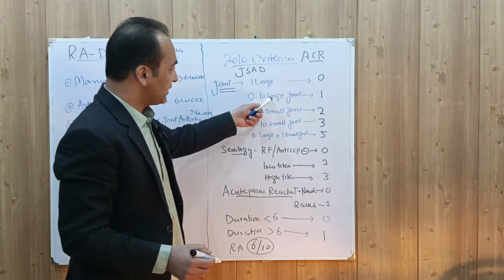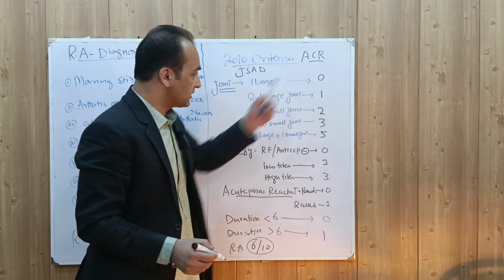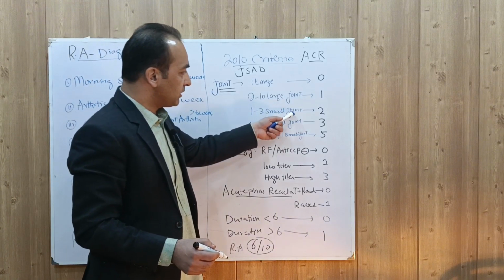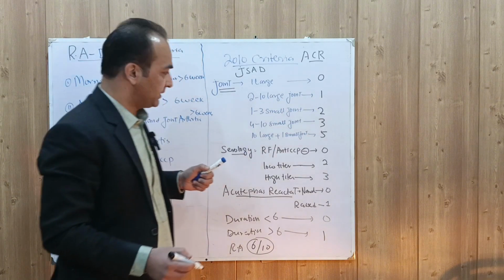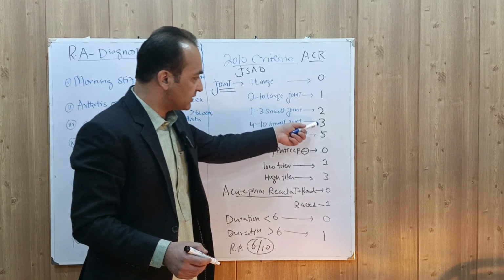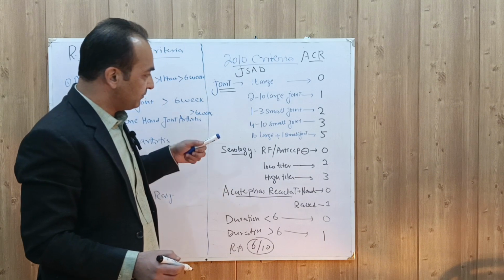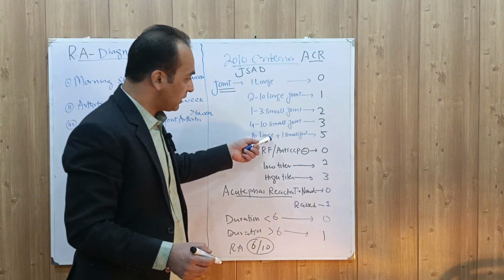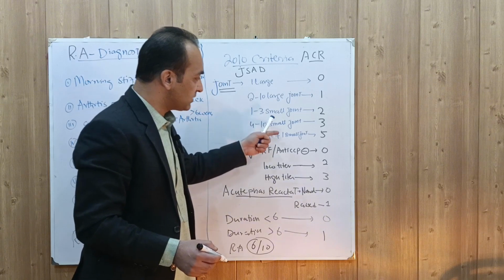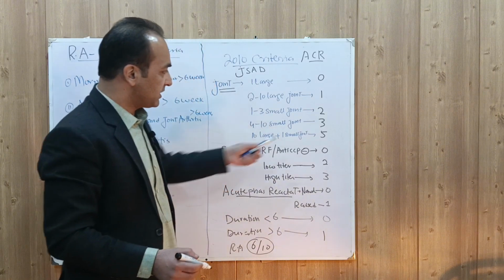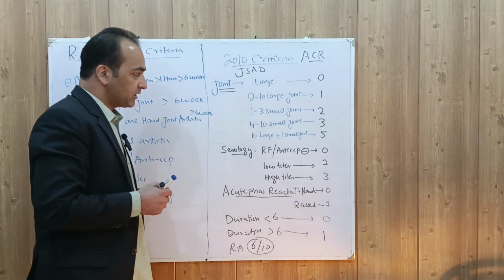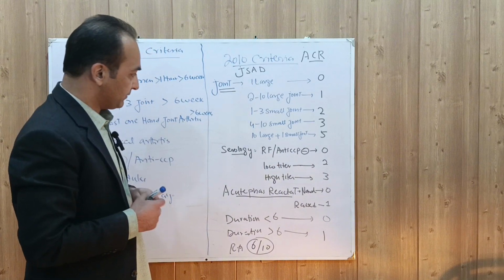If 2 to 10 large joints are involved, it has 1 point. If 1 to 3 small joints are involved, it has 2 points. And if 4 to 10 small joints are involved, it has 3 points. And if there are more than 10 joints involved with at least 1 small joint involvement, this has 5 points. So the more the small joints involved, the higher the score.